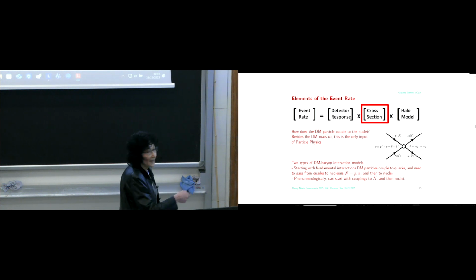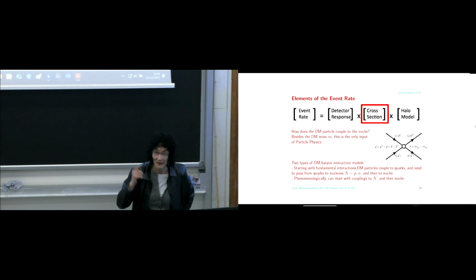If you are instead trying to test or search for a particular dark matter model, ab initio, ultraviolet complete, with a Lagrangian that couples to fundamental particles in the standard model, these are quarks and gluons, then you have to start from there, and then you need to pass from these quarks and gluons to nucleons, and then from nucleons to nuclei. In any case, you always need to pass from couplings from nucleons to nuclei.